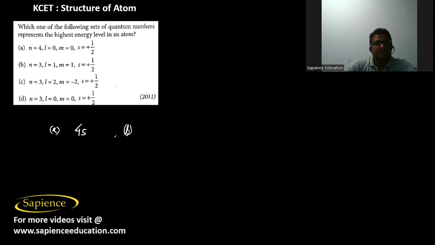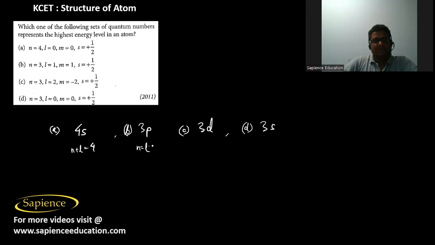In option B, it is the 3p orbital, since L is 1, and in C, n equal to 3 and L equal to 2 means it is the 3d orbital. And for D, it is 3s. Now, highest energy level: here the value of n plus L is 4, here n plus L is also 4, here n plus L is 5, and here n plus L is 3 for the last two.